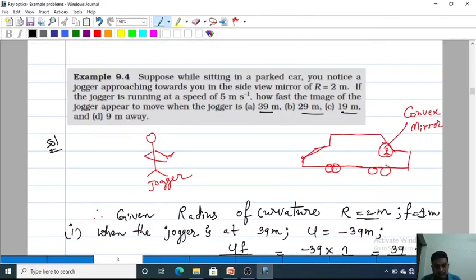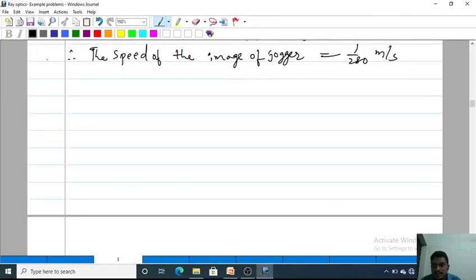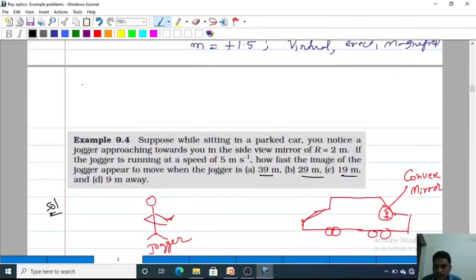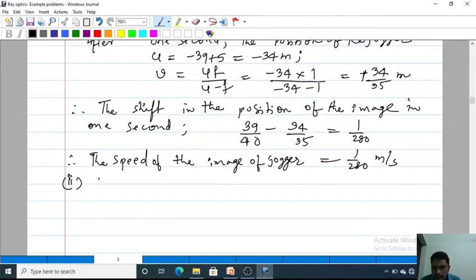Next, the second case. What are the other positions? They are 29 meters, 19 meters and 9 meters. Initially the jogger is at 29 meters, 19 meters and 9 meters.